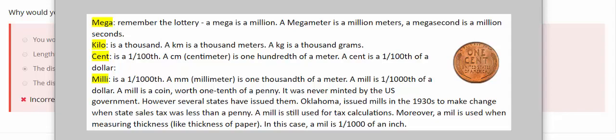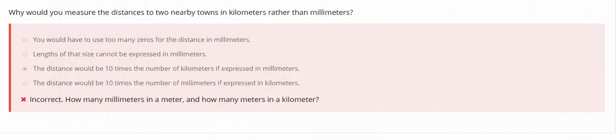Okay, now that we have that out of the way, let's answer the question. So a millimeter is a very tiny quantity. It's a meter, which is about 1 yard, which is about 3 feet, that we divide by 1,000.